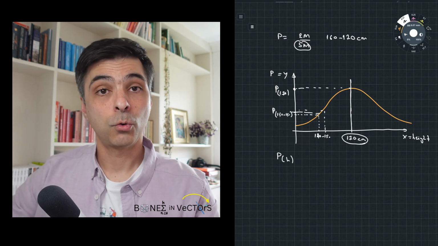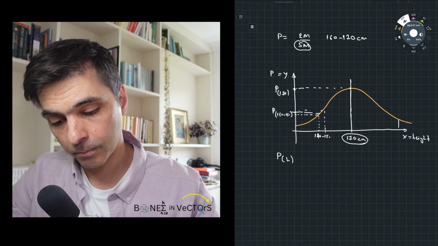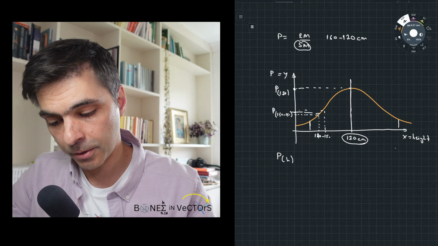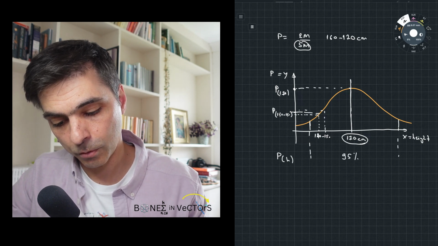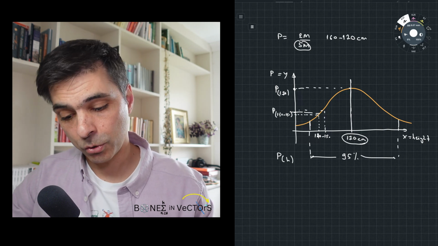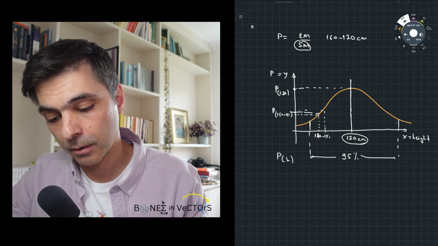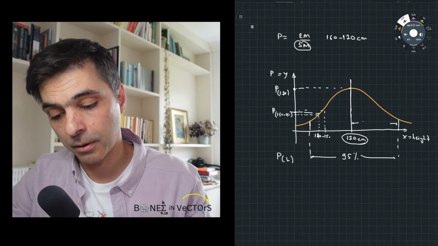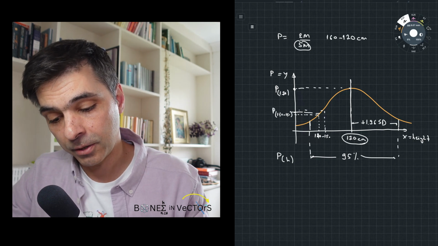Second interesting fact about the normal distribution: 95% of all measurements are within plus 1.96 standard deviations from the mean, and minus 1.96 standard deviations from the mean.